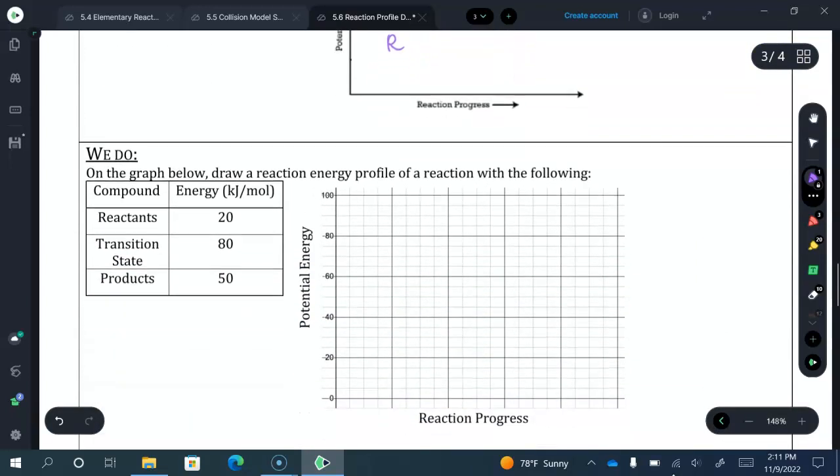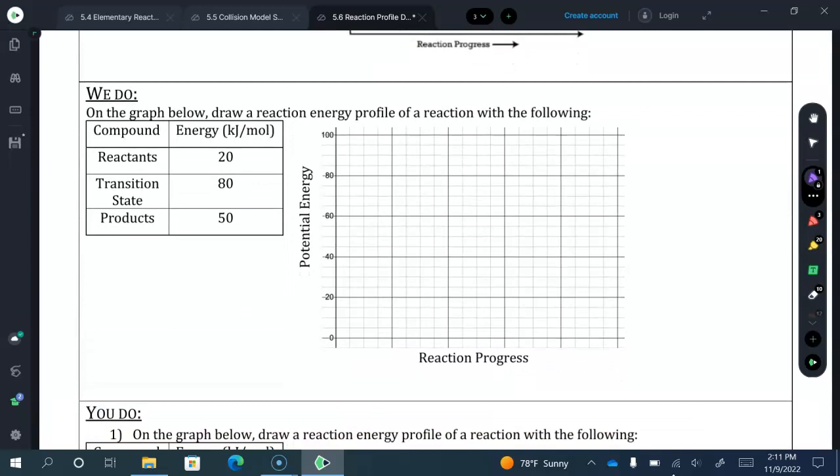On the graph below, you're going to draw a reaction energy profile of a reaction with the following, and it's listing here. So it says reactants are at 20 energy, so 20 kilojoules per mole, so that's here. The products are at 50, so 40 and 60 are here, so I want halfway between that, so I'm going to draw them here.